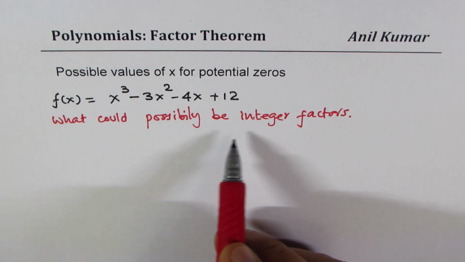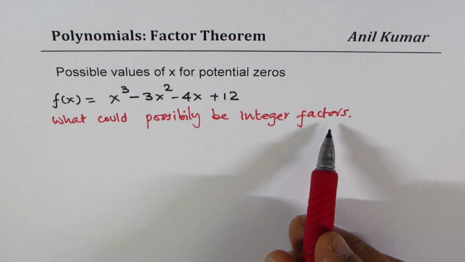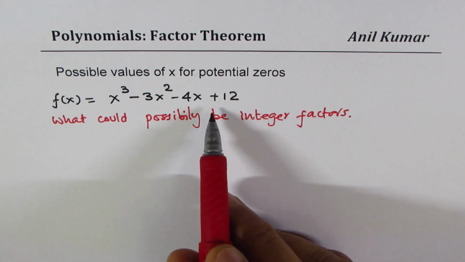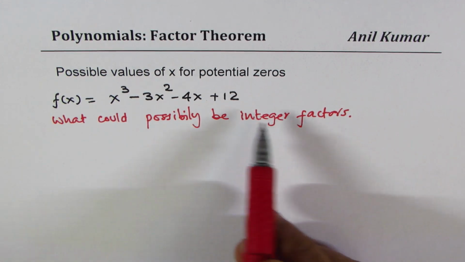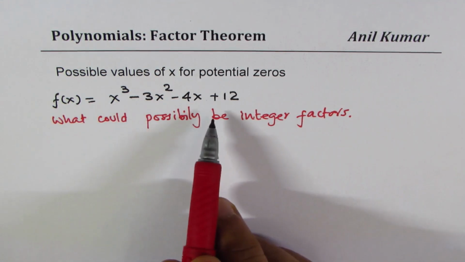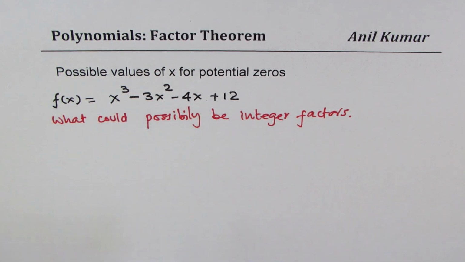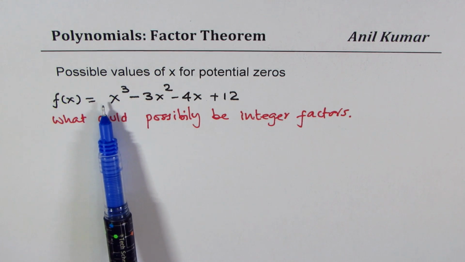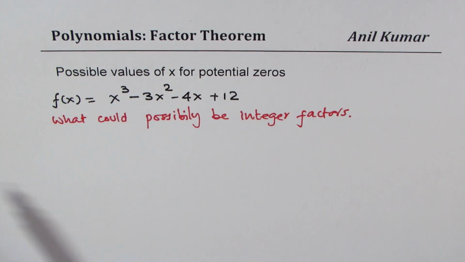Most of the time when we are factoring, we are only interested in integers, which could make this particular polynomial 0. It's very difficult to try rational numbers as such, right? There will be times where we'll be using rational numbers, but most of the time, especially when the coefficient is 1 here, we talk about integers only.